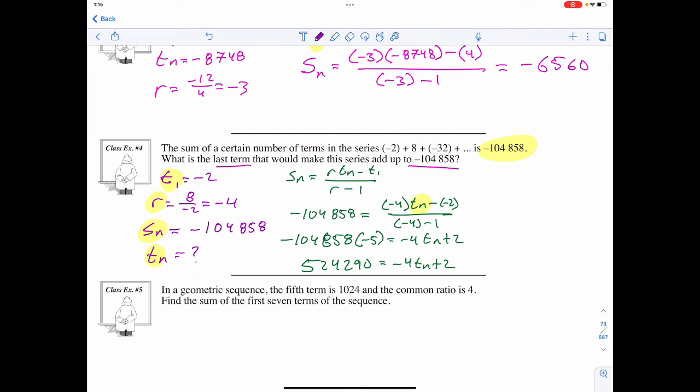I'm going to subtract 2 from each side. 524,288 is equal to -4 Tn's, and I'm going to divide both sides by -4, and that final term value is going to be -131,072.